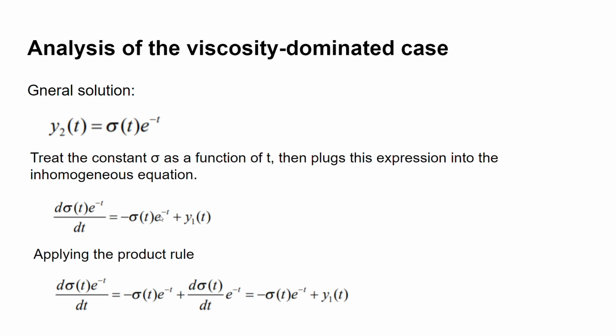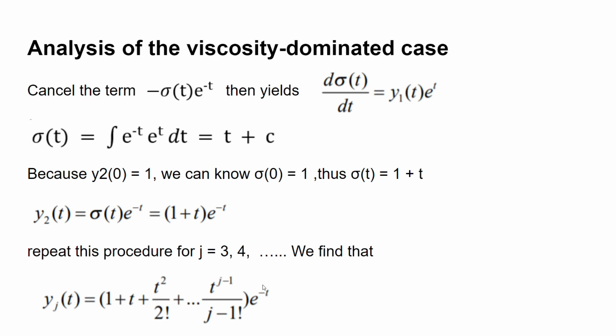We differentiate e^(-t) to get this term, then differentiate σ(t) and multiply to get this term, and the two terms are added together. We cancel the term -σ(t)e^(-t), which yields this equation.